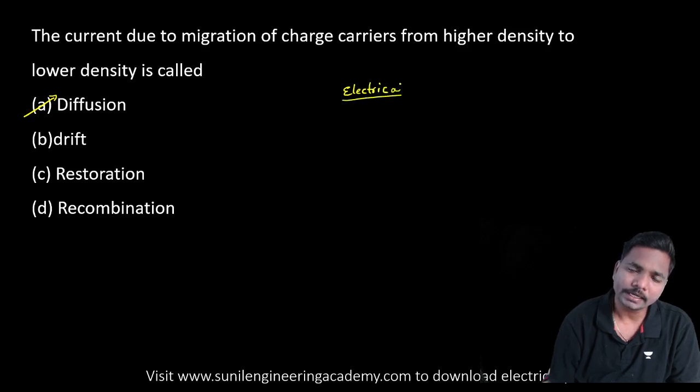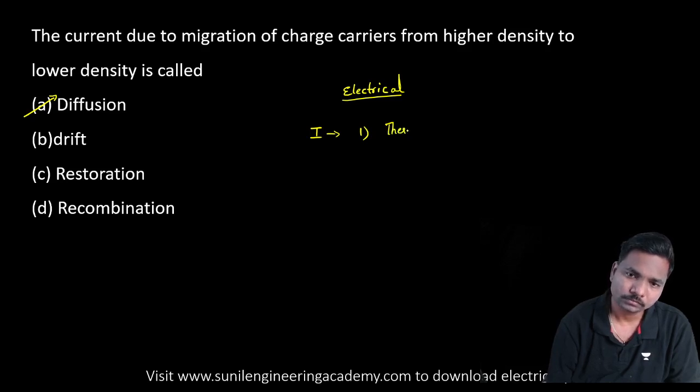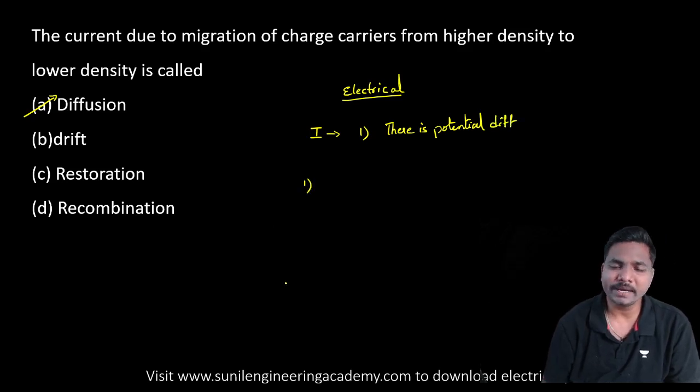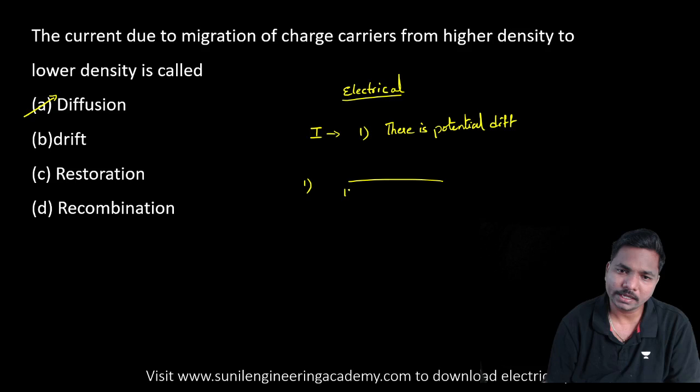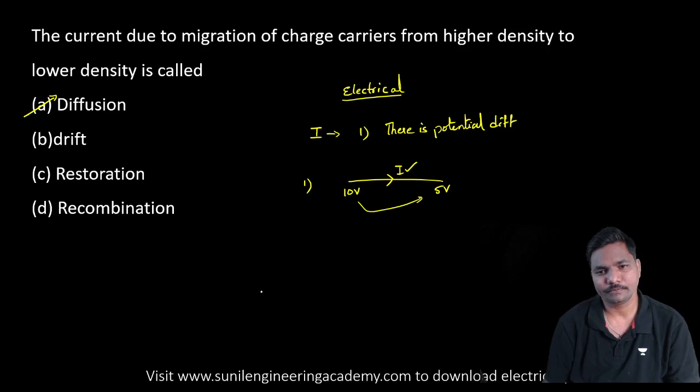If the current wants to flow, there must be a potential difference. By nature, if a conductor has 10 volt here and 5 volt there, there is a potential difference, and due to that the current flows by itself.